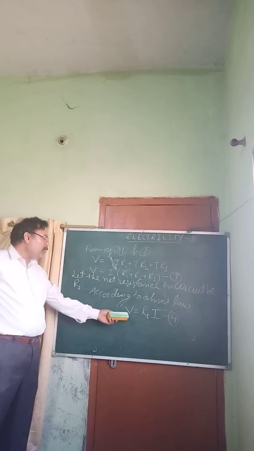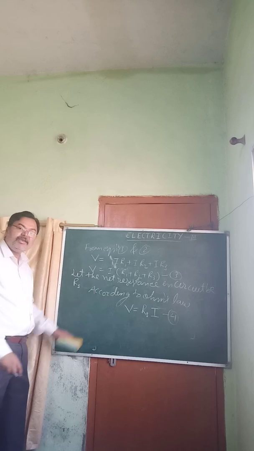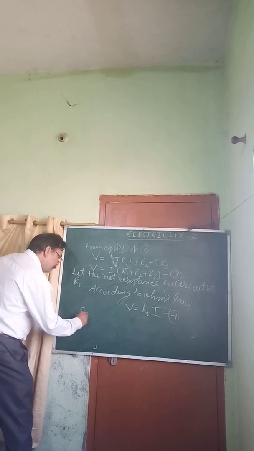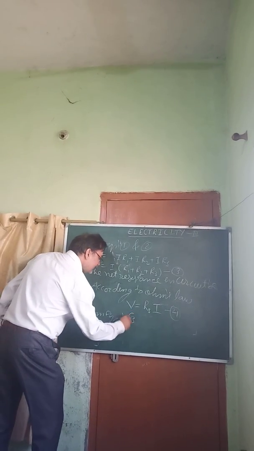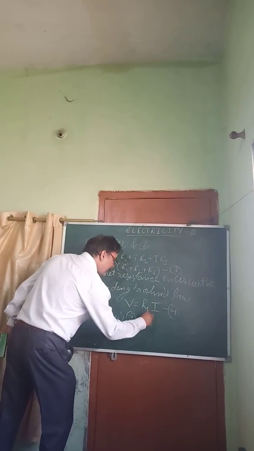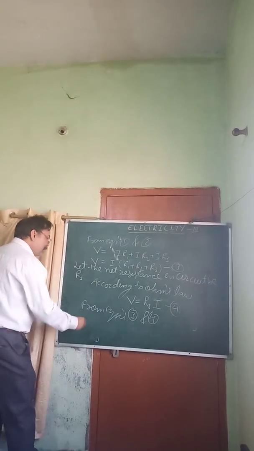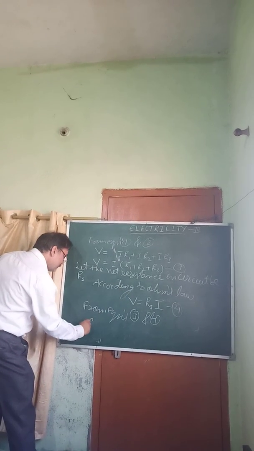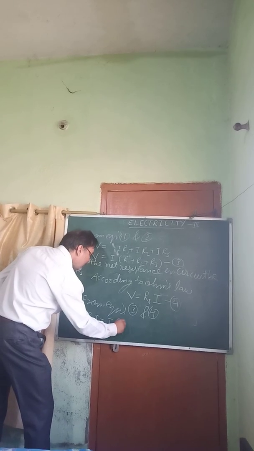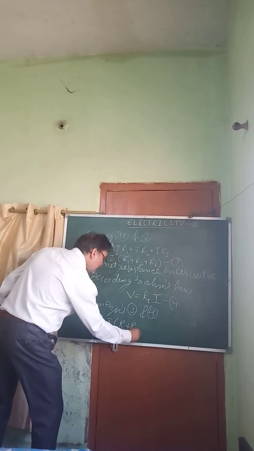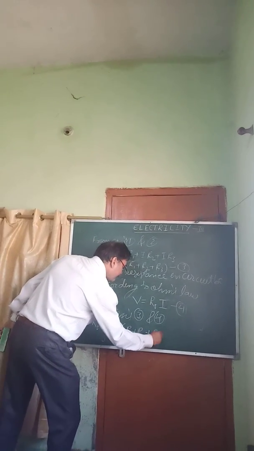Now we can put the value of V from equation 4 in equation 3. So from equations 3 and 4, what will we get? In place of V, we will get RS into I is equal to I into R1 plus R2 plus R3.